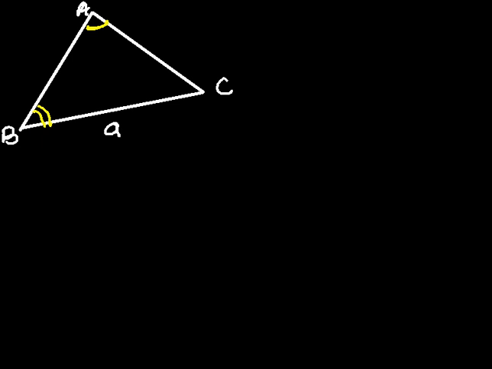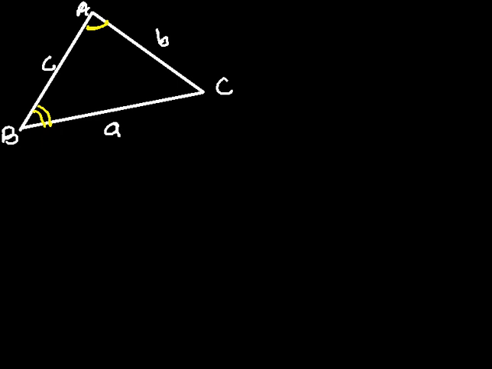Likewise, this is side b, and this is side c. Let's see how we can apply the relationship that exists among the sides of this non-right-angled triangle and its internal angles.